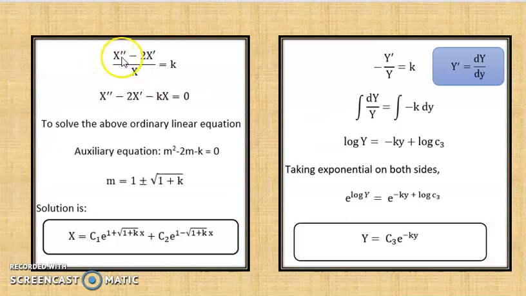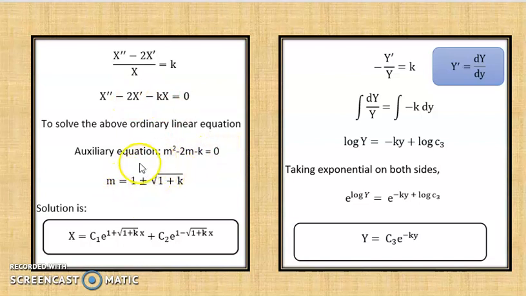Now we consider (X double dash minus 2 X dash) by X equal to k. That is same as X double dash minus 2 X dash minus kX equal to 0. It is an ordinary linear equation. So for solving, we consider the auxiliary equation. And its auxiliary equation is m square minus 2m minus k equal to 0.